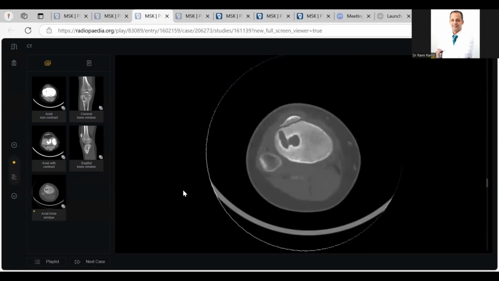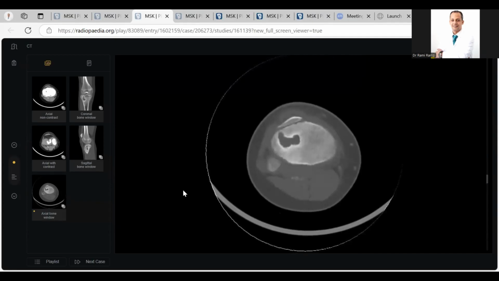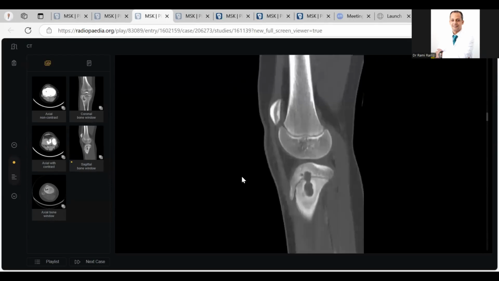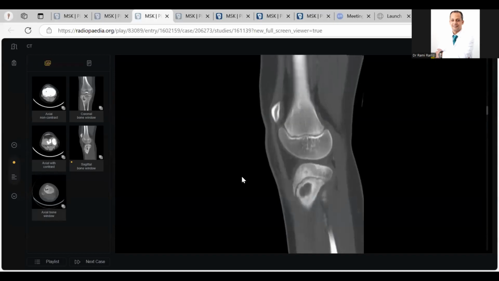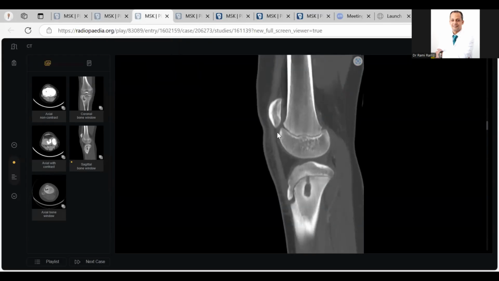Your differential was Brodie abscess versus other causes. But I think crossing of the lesion through the epiphyseal plate of cartilage is pathognomonic of Brodie abscess. By the way, Brodie abscess is not an acute picture of osteomyelitis. This is subacute or chronic. This is very important, which needs curettage under high coverage of antibiotics, but it needs curettage of the bone due to this sclerotic margin.